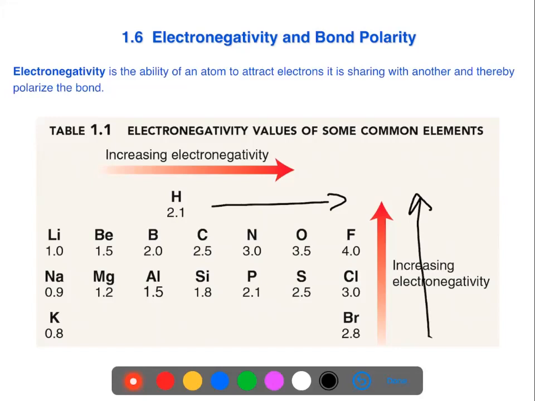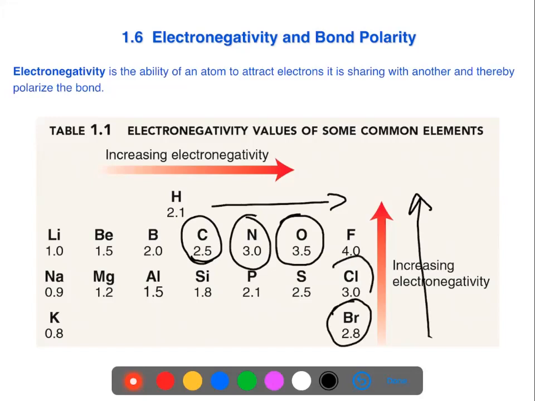And so we'll say that oxygen is more electronegative than nitrogen, which is also more electronegative than carbon. And similarly, when we look at the halogens, bromine is less electronegative than chlorine, and the most electronegative element is fluorine.